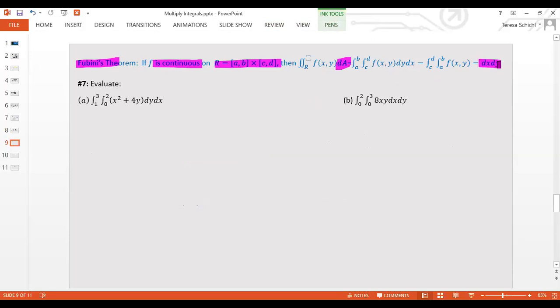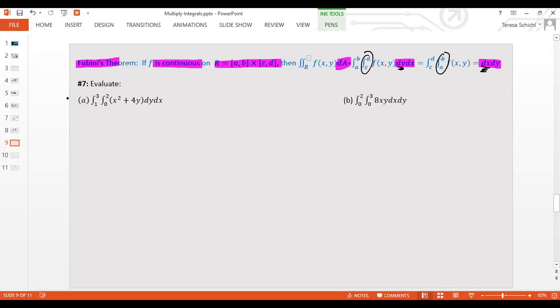It doesn't matter whether you integrate x first or y first, as long as f is continuous. Of course, if you do x first, then the limits have to match x. If you do y first, the limits have to match y. So you just need to be careful.